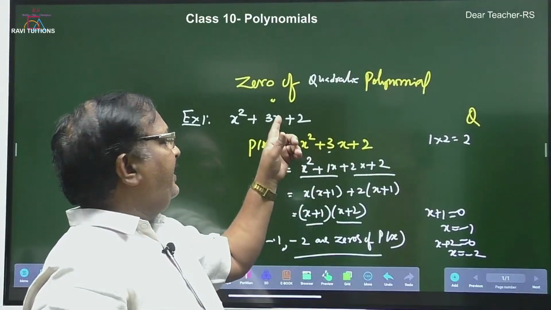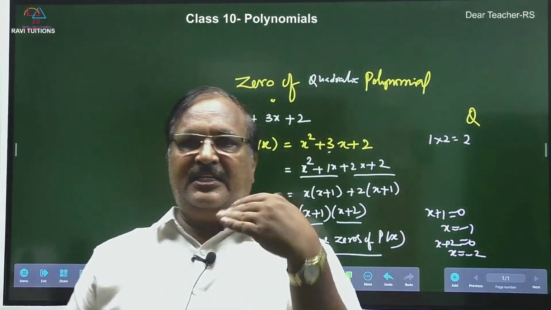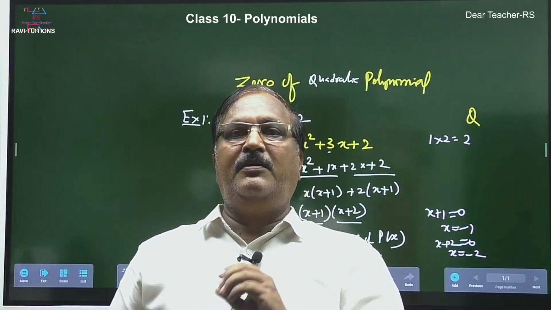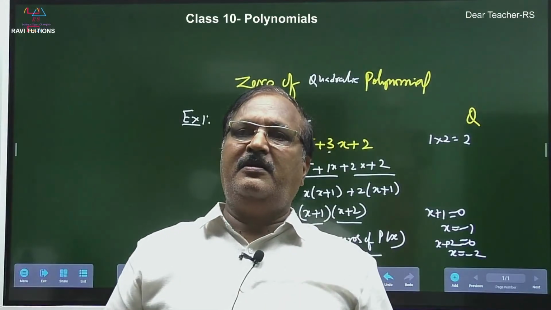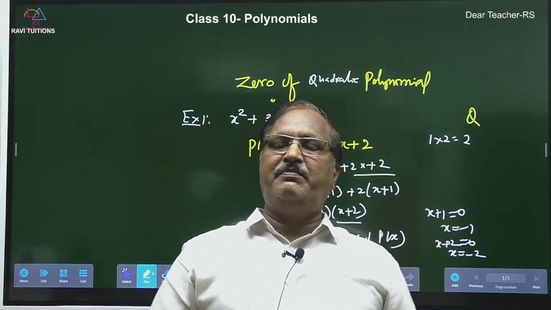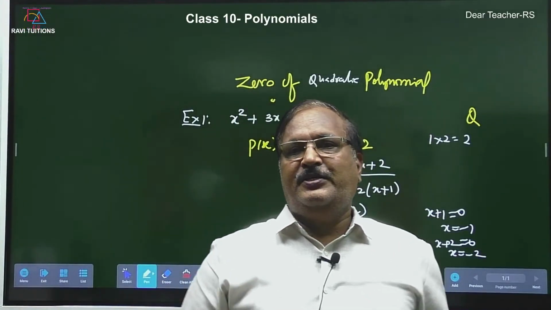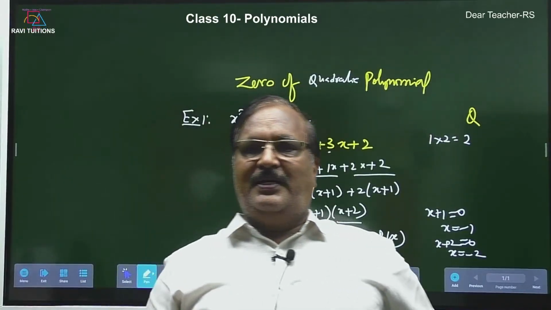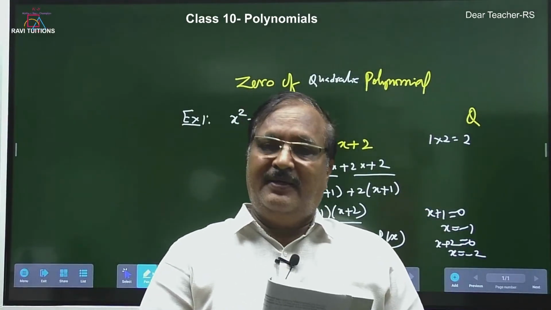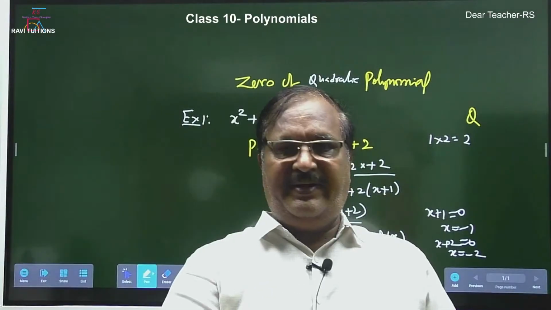Because our chapter is mainly focused on the quadratic polynomial, factorization of quadratic polynomials is very important. I have kept 3 separate videos, simple problems, difficult problems. You can go through them and learn them, because many students have the problem of splitting the middle term, factorization, etc. I have given a separate video.